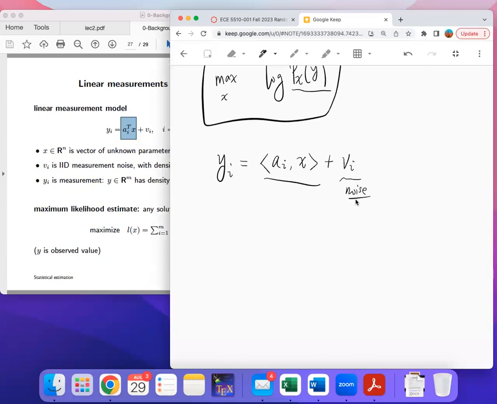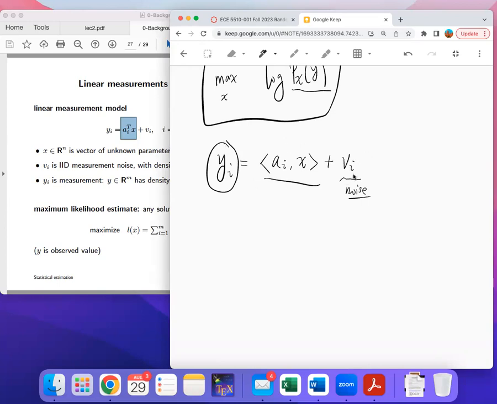And this dot product means that we are measuring X at a certain frequency in the Fourier space, right? And this can be realized by using an MRI machine. And vi is the additive noise, thermal noise, or any other noise. And then yi is our observation from the machine.